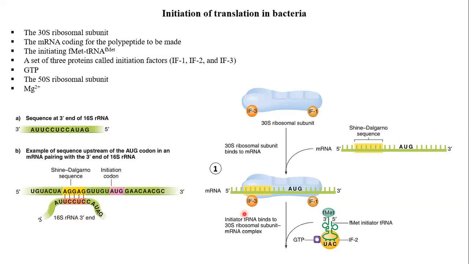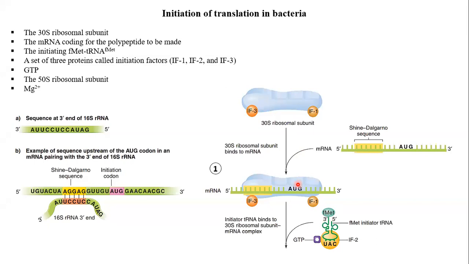And now the mRNA has been positioned. This IF1, you can see, is positioned at the A site. It is because the first transfer RNA, which will bring the formylated methionine, will bind to the P site. And remember, this first transfer RNA which brings the initiating amino acid, methionine, in this case formylmethionine, only binds to the P site.